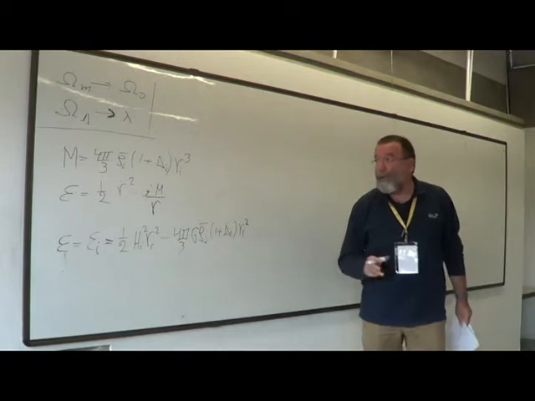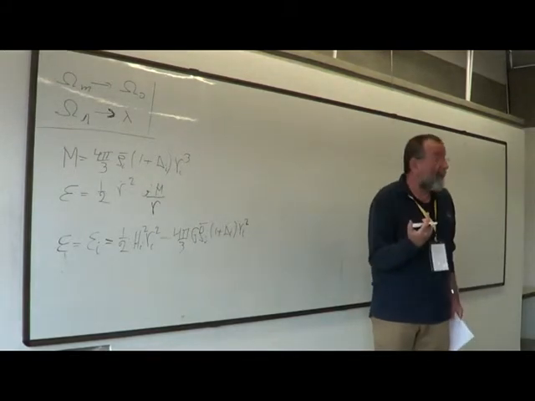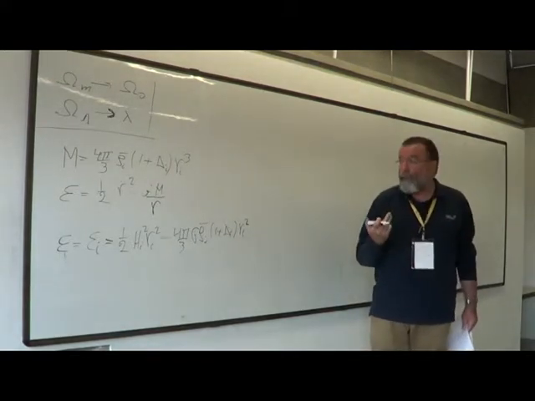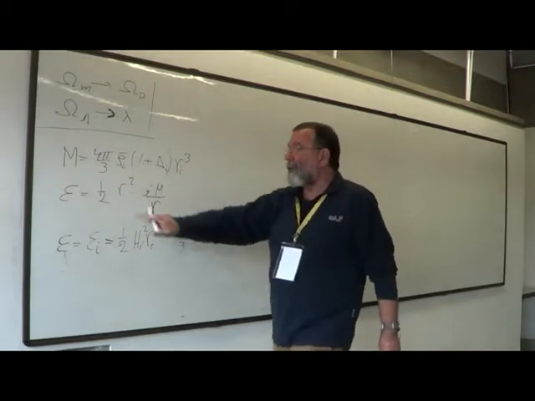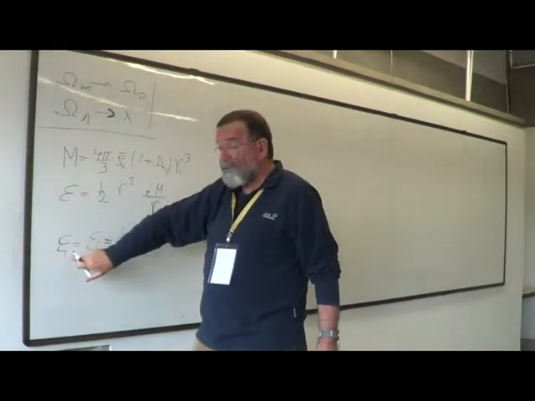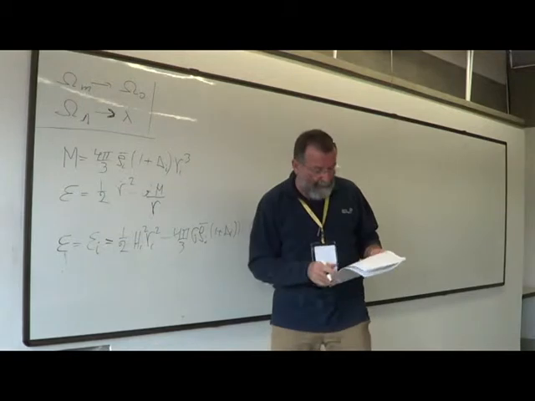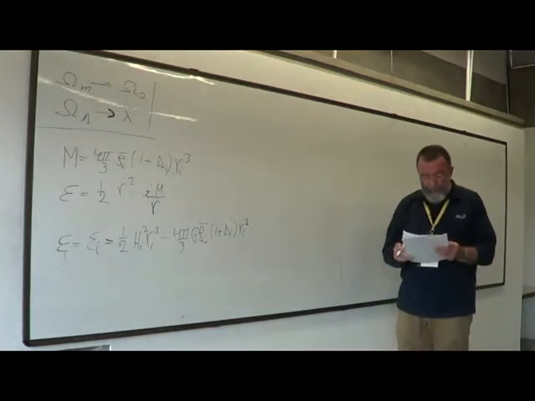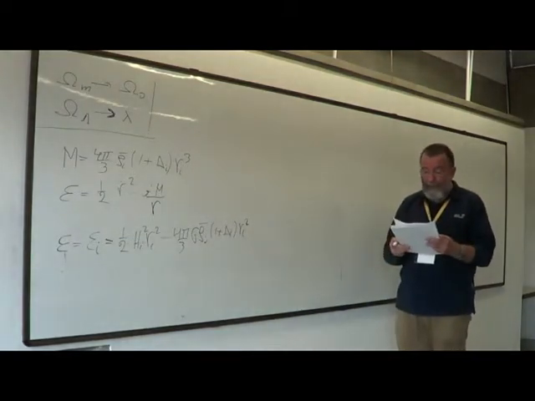Okay? So that's the initial. So what I have here are two conserved quantities that I'm going to use all along the way. I know that the mass is conserved, I know that the energy is conserved. Okay, and that's what I'm going to use from now on.